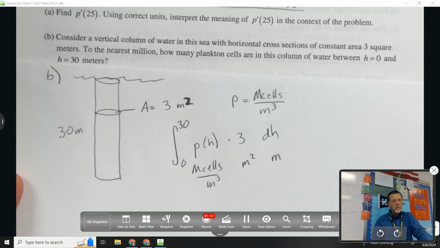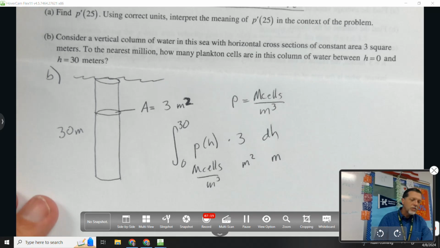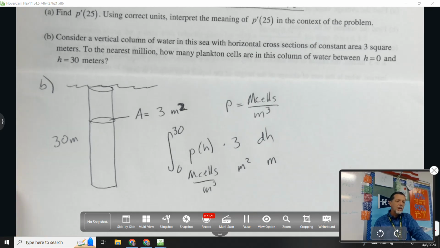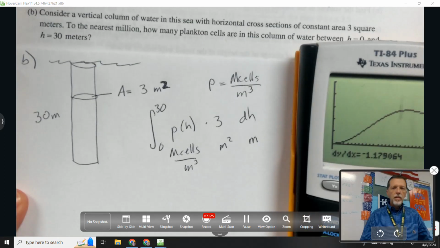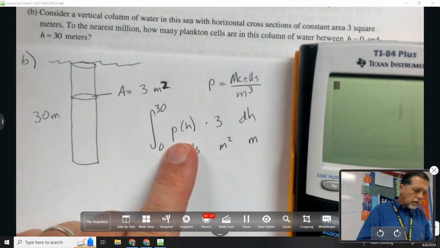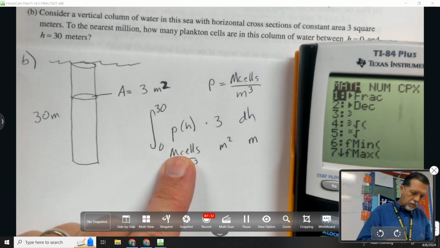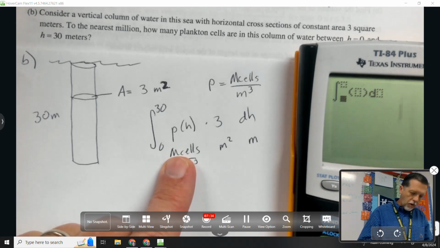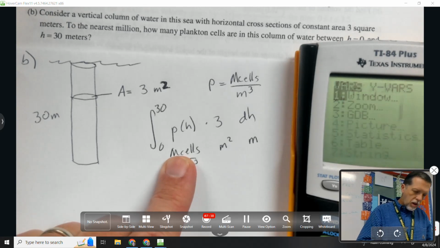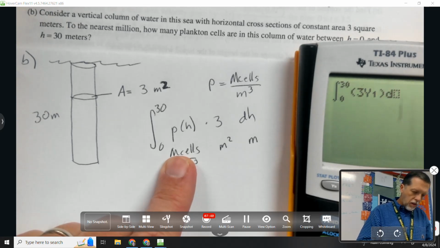That one's tricky because you have to understand units. You got to understand what density means. I imagine that was a tricky one for a lot of people. Now the calculation is easy because the calculator's going to do it, but understanding what they've asked for is the hard part. So I'm just going to do it that way.